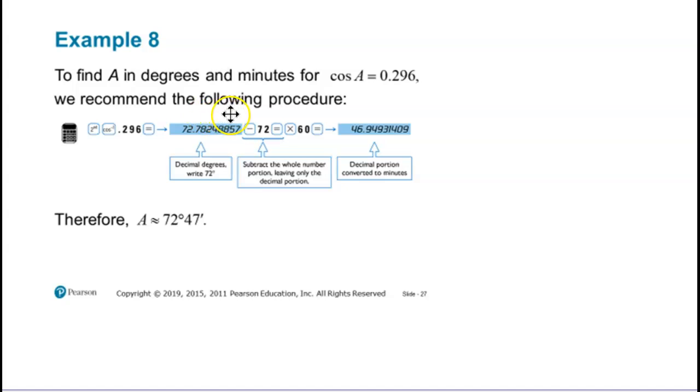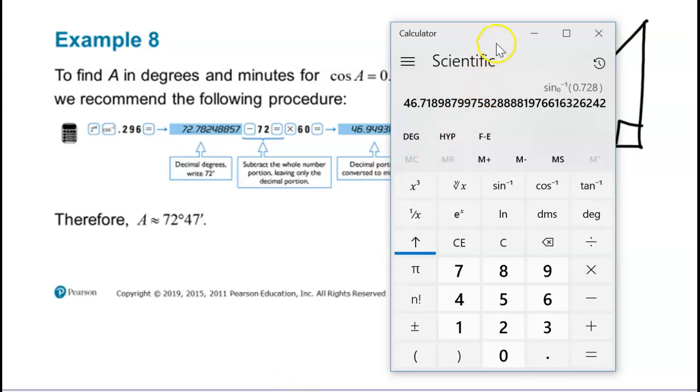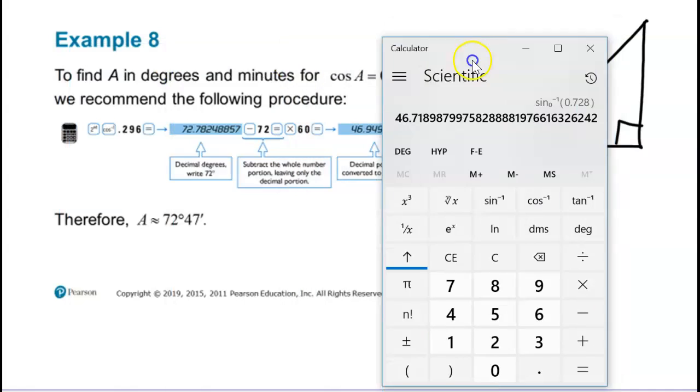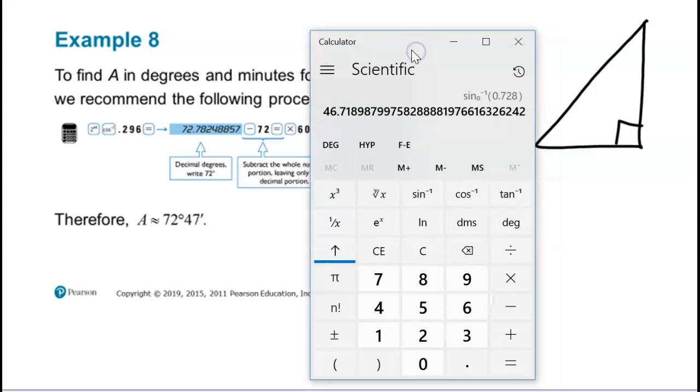You can do the same thing with finding degrees and minutes using the inverse, very similar to what we did when we were finding sine, cosine, and tangent, but this is just for the inverse. Again, my calculator is a little bit different, so work with your calculator to figure out what this is, because you want to find whatever that angle is here.